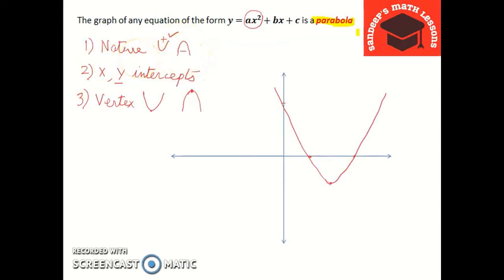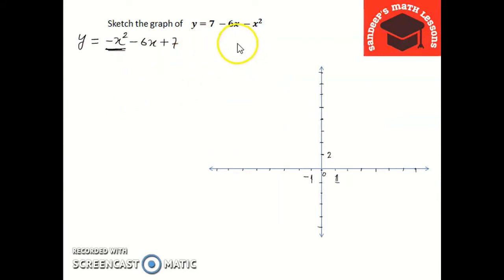That means the curve opens downwards, like this, isn't it? Then I need to find the x-intercepts and the y-intercepts, right?